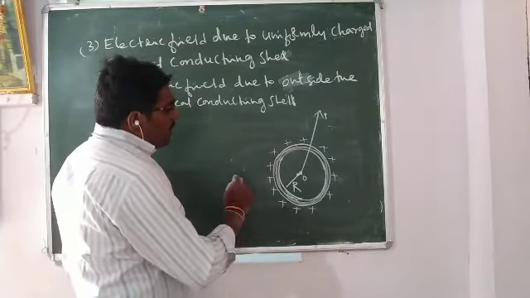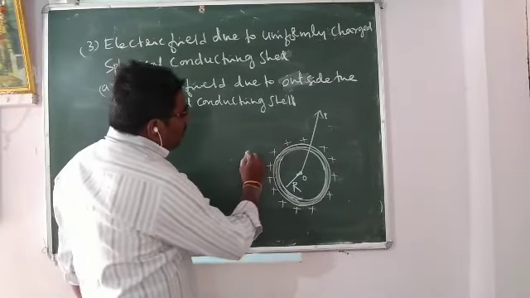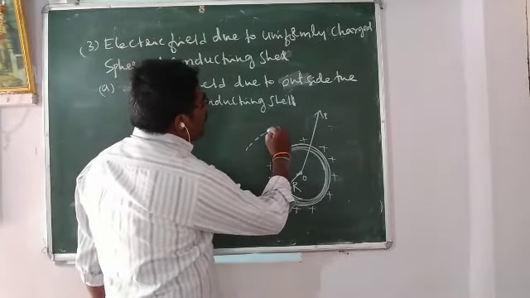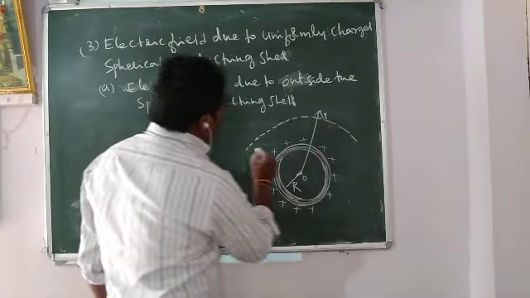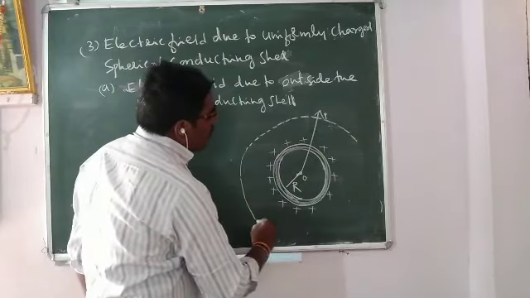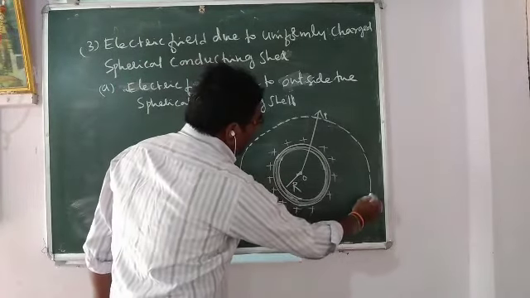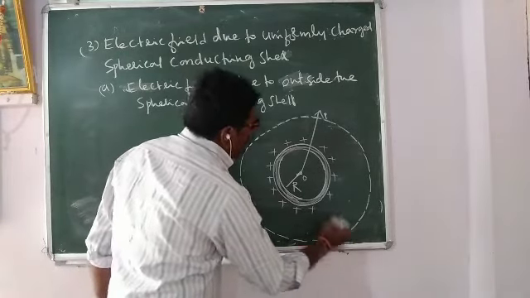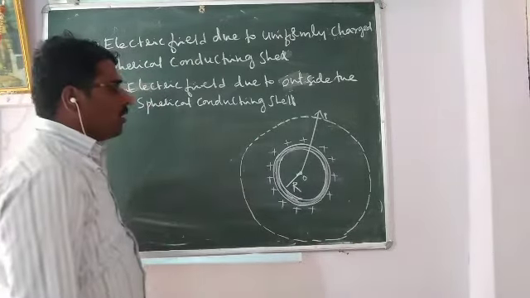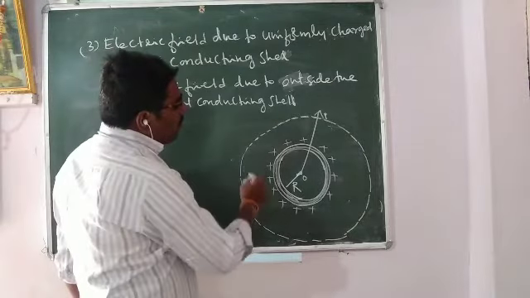To calculate the electric field due to the shell, consider an imaginary spherical Gaussian surface around the spherical conducting shell. This is the imaginary spherical Gaussian surface.